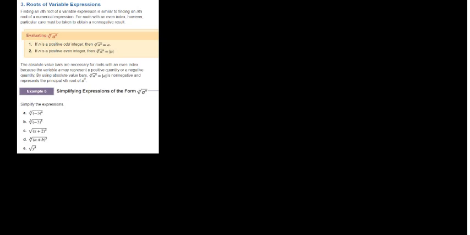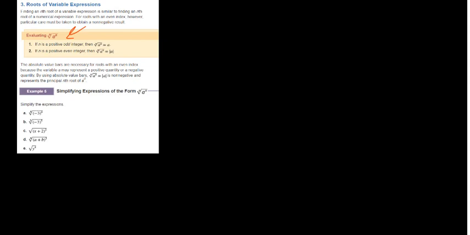So if we are evaluating the nth root of a to the n, if n is a positive odd integer, basically just some odd number, we say integer because an integer is a whole number. So if n is some positive odd whole number, then the nth root of a to the n is simply a.